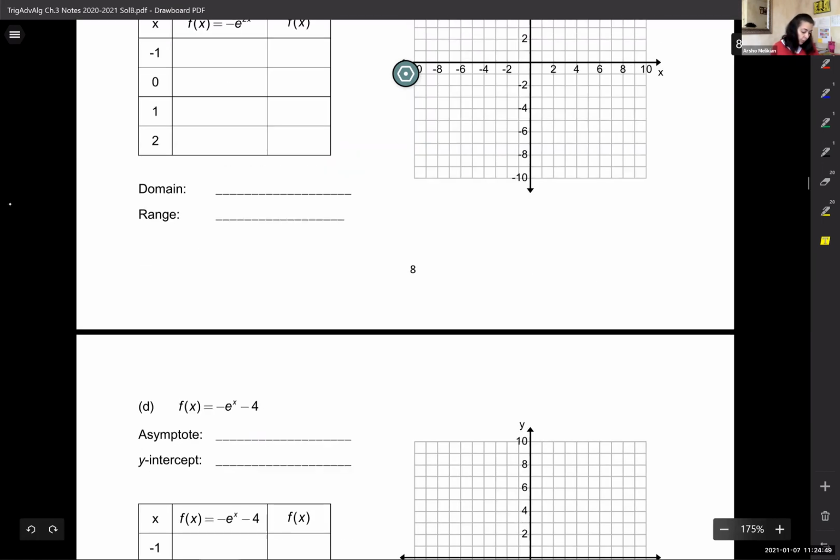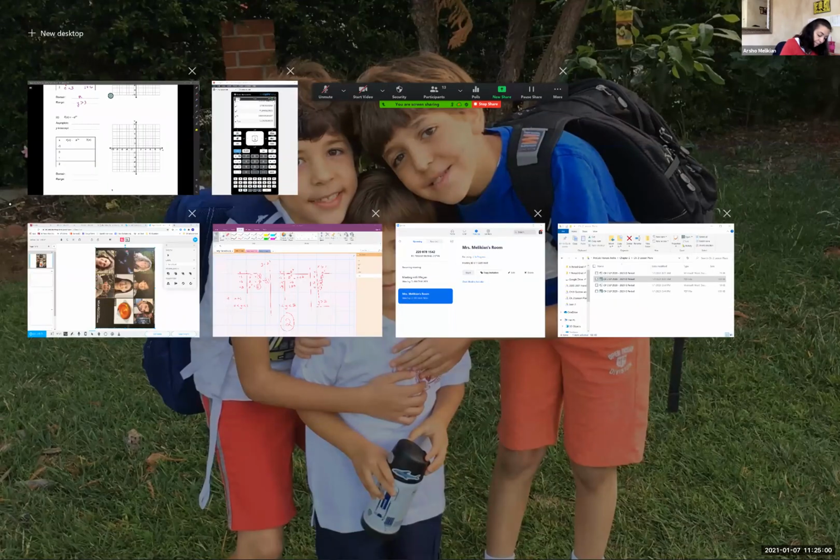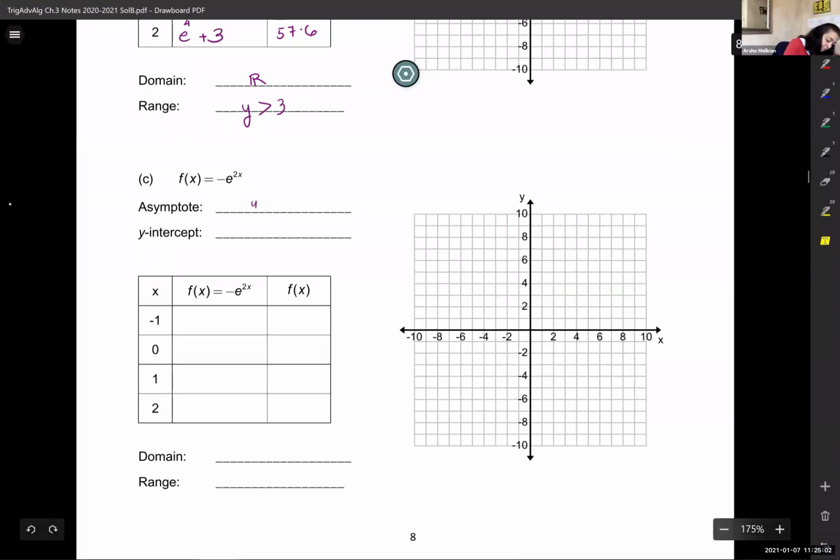Let's do one more. This time we have negative e to the 2x, right? So, all right, so yell it out. What's the asymptote here? Y equals 0. Okay, intercept. Y equals negative e to the 2 times 0. That's negative e to the 0. That's -1.